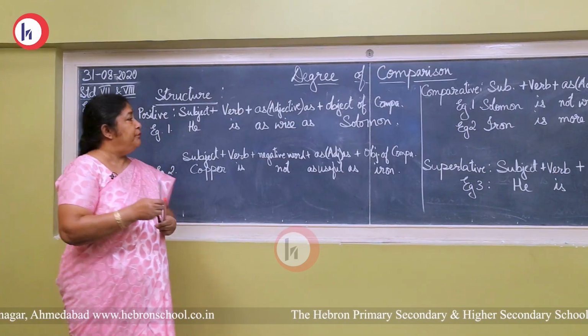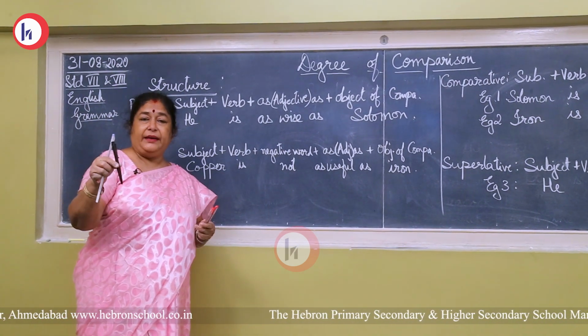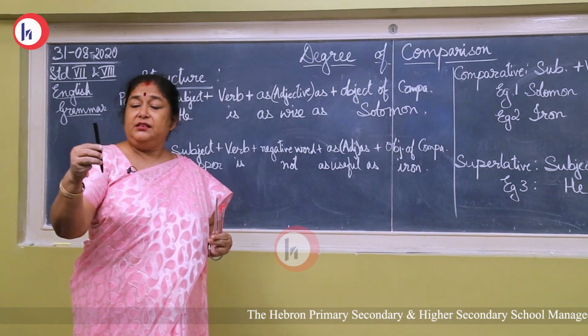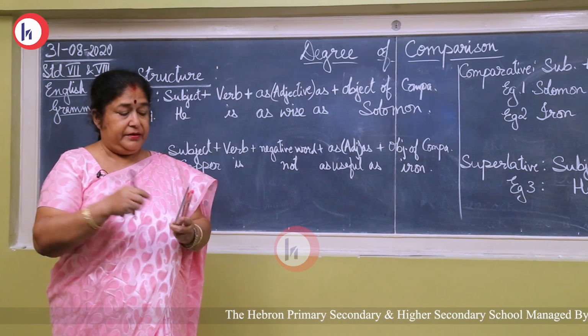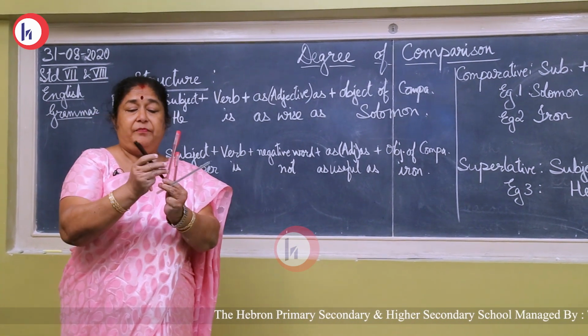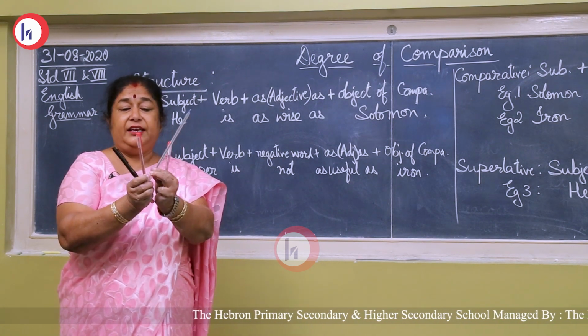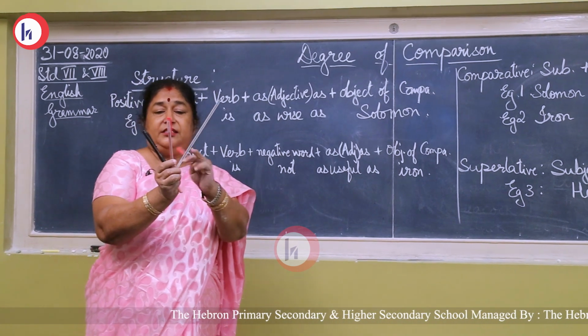As I said, in the positive degree we talk about one thing. This is a pen, so it can be small or big. So I'll take, this is a small pen. This red pen is bigger than the black one. And if I take this, black is the smallest.